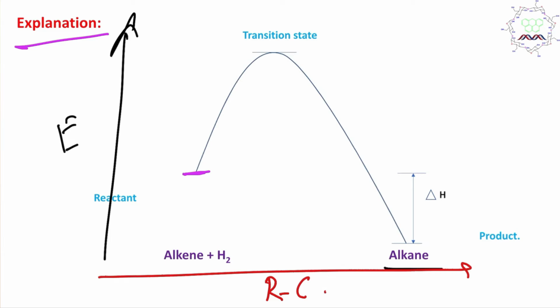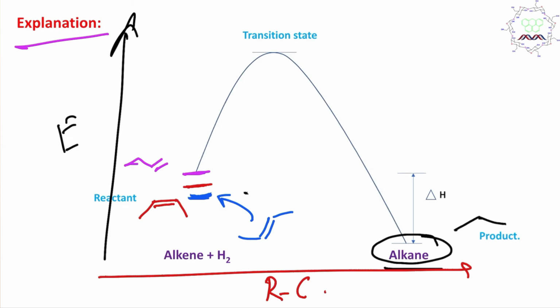Now based on previous discussion, which alkene is least stable? So this 1-butene, and second is cis. And what about the third one? The third one is the trans one, which is most stable. Now here the final product is the same, butane.